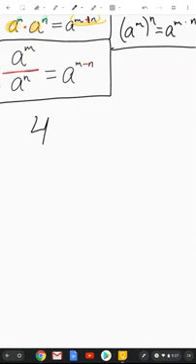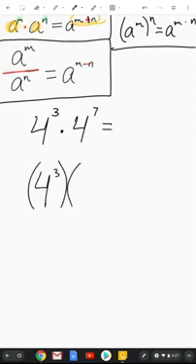Okay, so let's look at an example down here. If I have 4 to the power of 3 times 4 to the power of 7, another way that you might see that written is like this in parentheses. Even though those two base 4s are in parentheses, they're squished together, so this is multiplication happening right here.